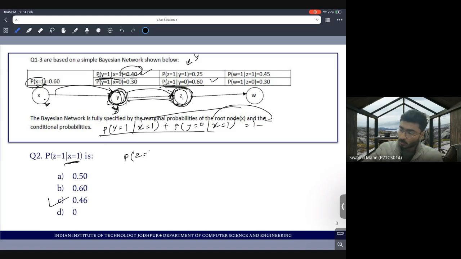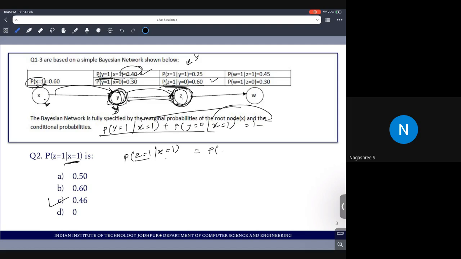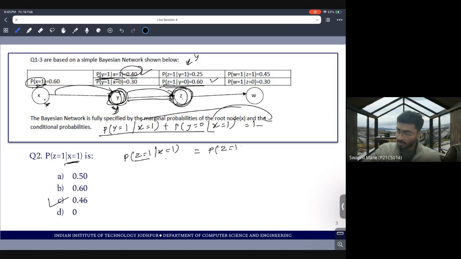So z is equal to 1 given that x is equal to 1. So the probability of z is equal to 1 given that y, that we can calculate easily, because that is the nearest neighbor, the previous node of z, directly connected to the z value. So we can consider z is equal to 1 given that y is equal to 1. Considering this y variable, let's access the probability of x.